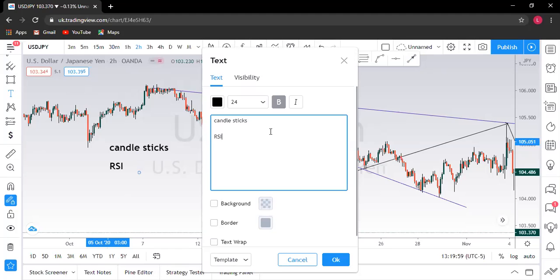It is an indicator. We make use of moving average. We make use of Fibonacci retracement, which I explained yesterday.